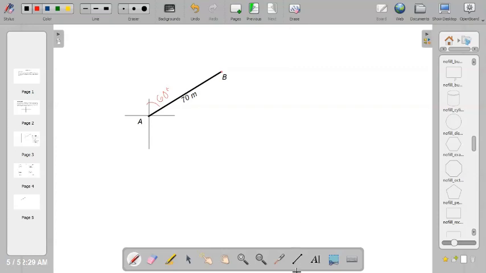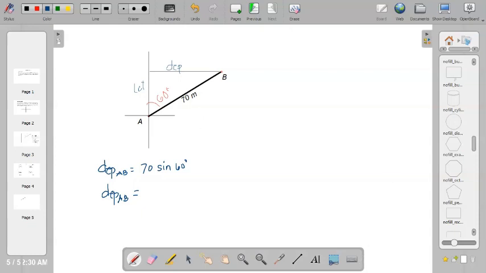So manually you can compute the departure of line AB. You just simply multiply the distance, which is 70 meters, times the sine of 60 degrees. Okay, so departure of line AB is equal to, you can get your calculator and press it.